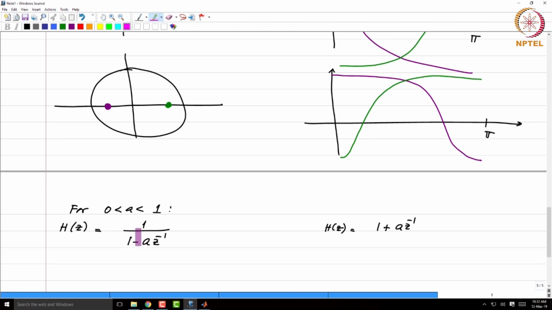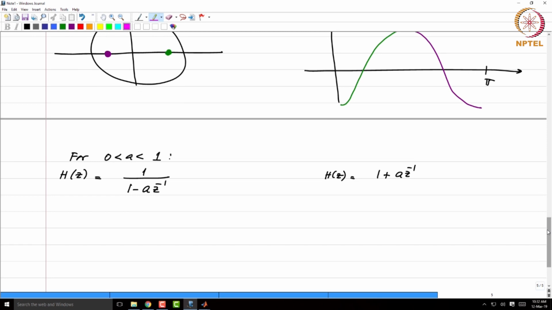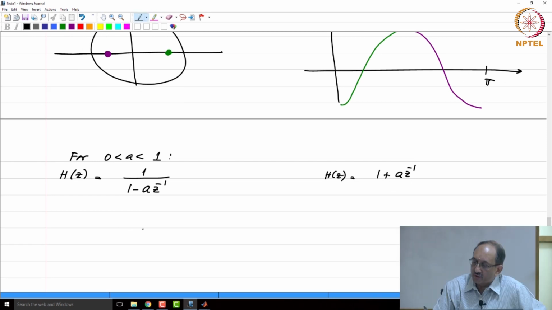So, this is a crude low pass filter, this is a crude low pass filter. And if you evaluate the frequency response to get some feel for the numbers, suppose you evaluate the magnitude squared frequency response at omega equal to 0.